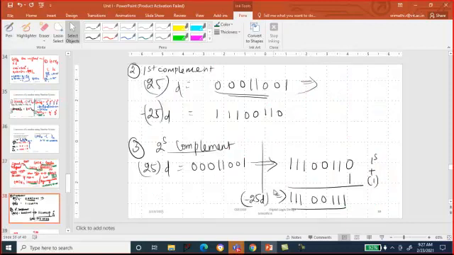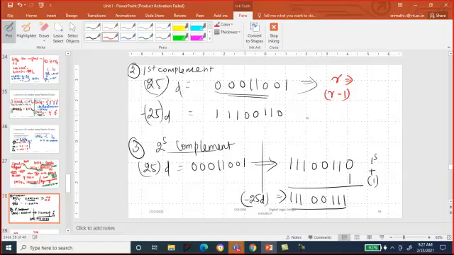And we have two types of complements. One is said to be r's complement, and the other is said to be r minus 1's complement. Here r is nothing but the radix.